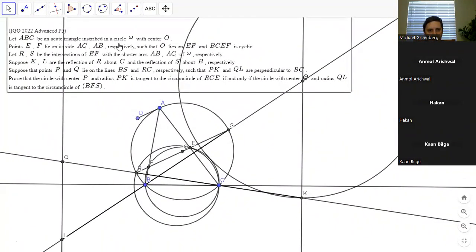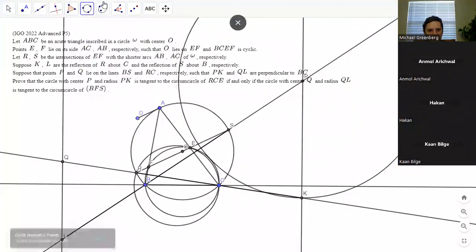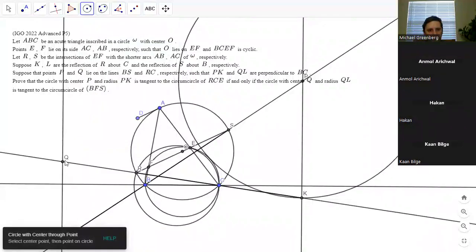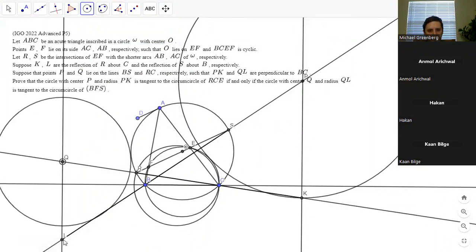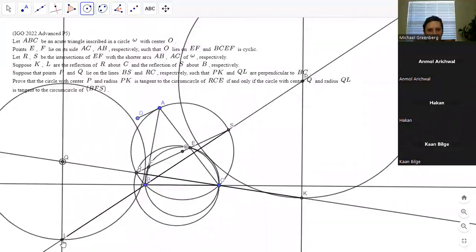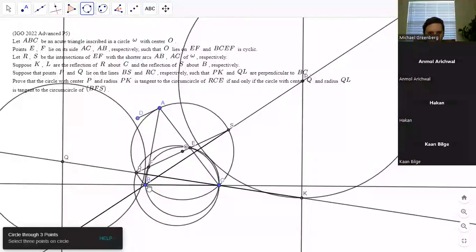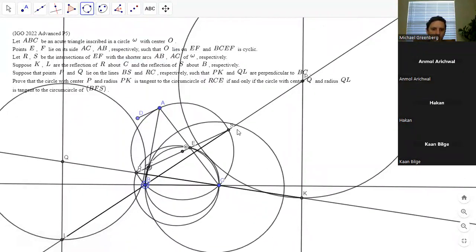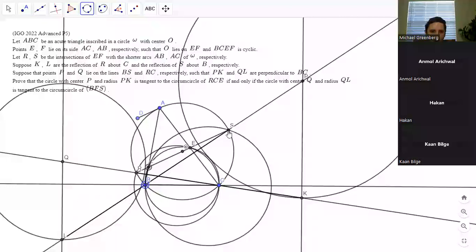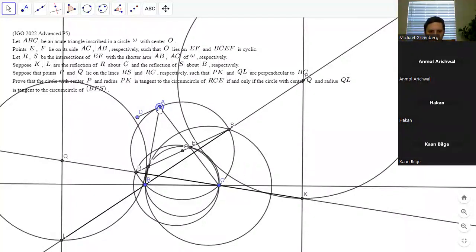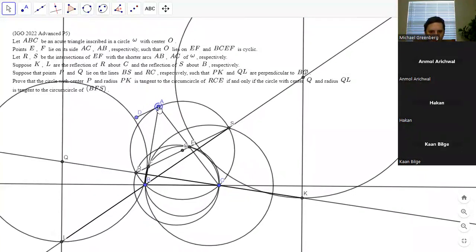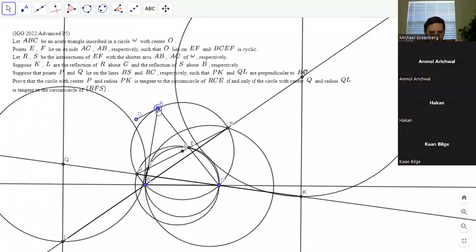Okay. So if those are tangent, then we're supposed to have that circle with center Q and radius QL tangent to BFS, which would be a huge circle. That doesn't look true, but my diagram is probably not perfect.